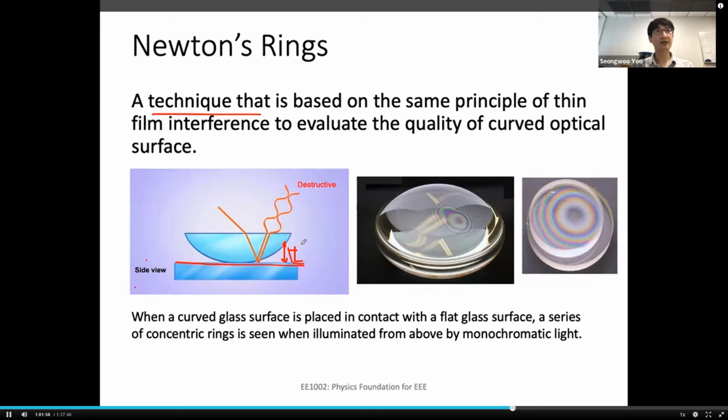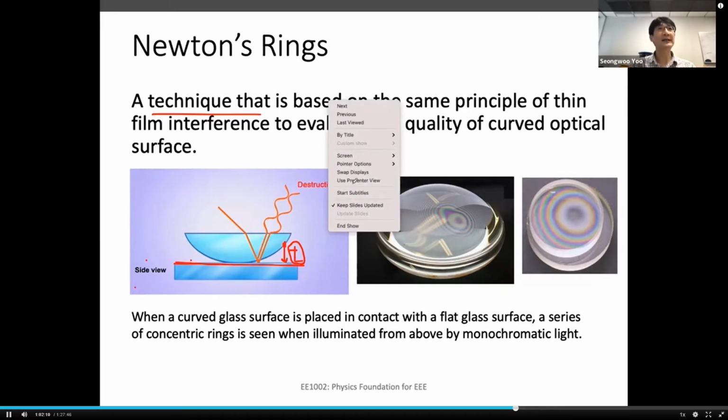It is not a fixed value any longer. This T is actually changing over this distance. In other words, we are going to have alternating dark fringes and bright fringes because of the varying thickness.